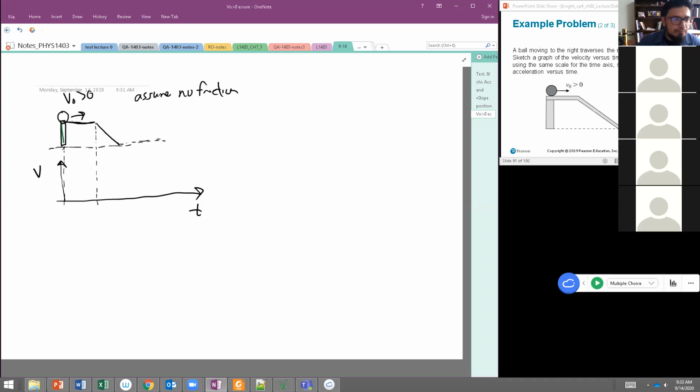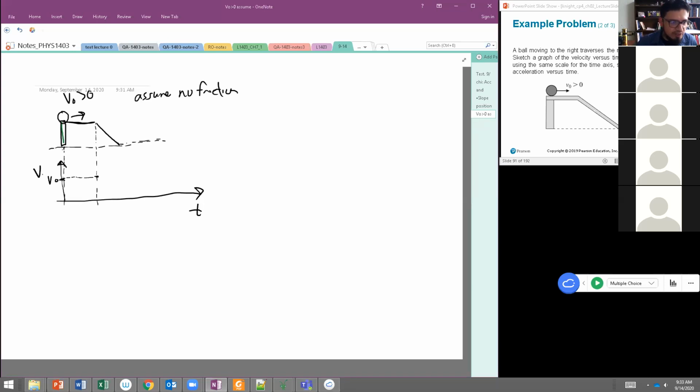So in the first part, we have velocity greater than 0. There's nothing really to slow it down. So we would expect to measure a positive value of velocity equal to that initial velocity up until we get to that point. Now, when we get to that point, we're going to start going down the ramp. Initially, the velocity will start going down.